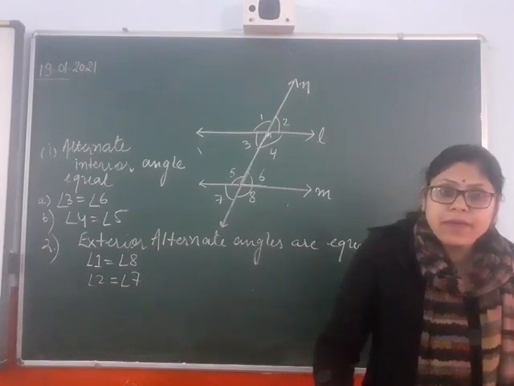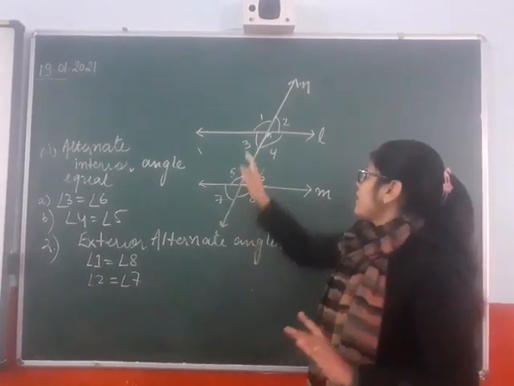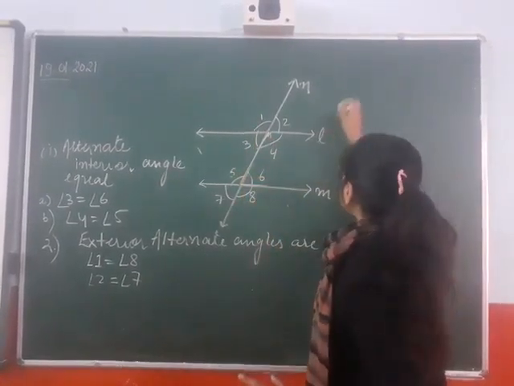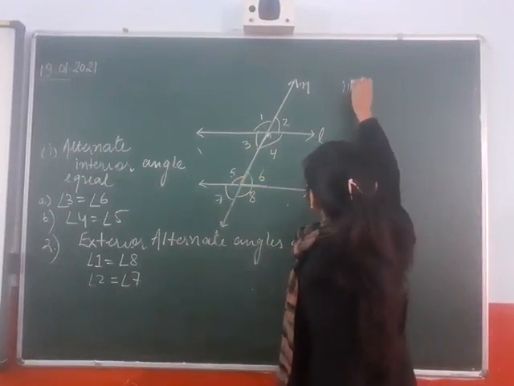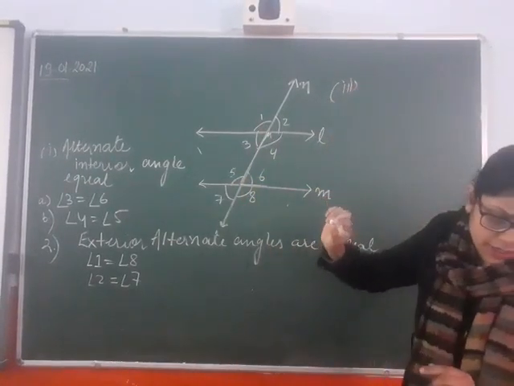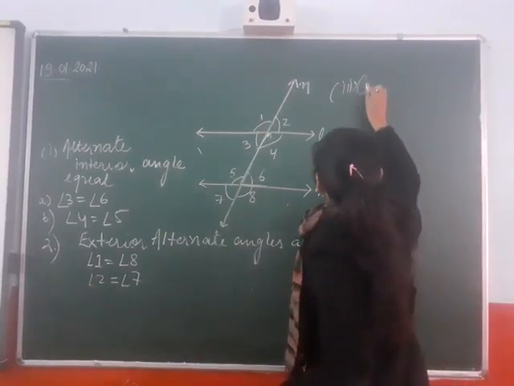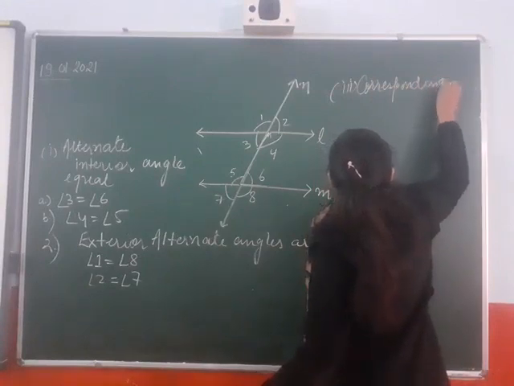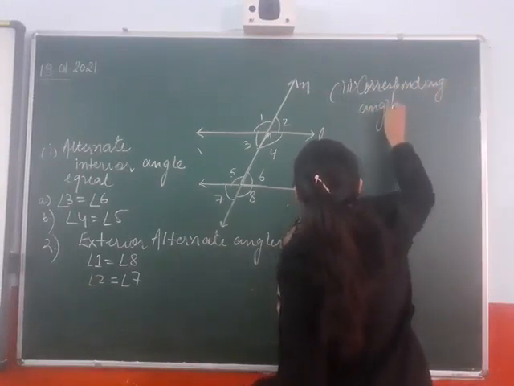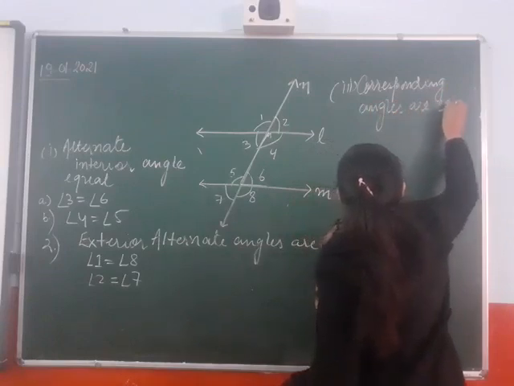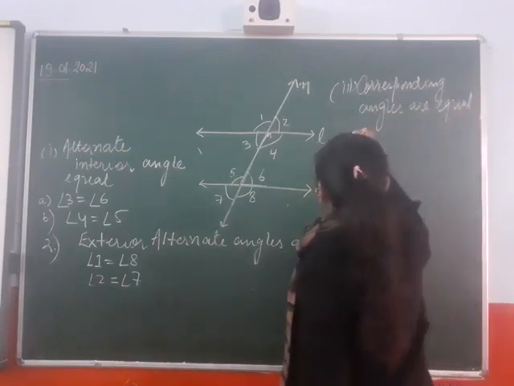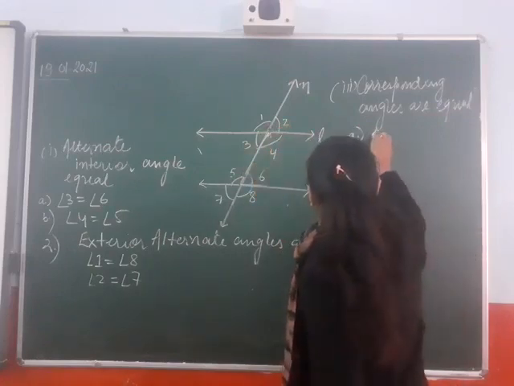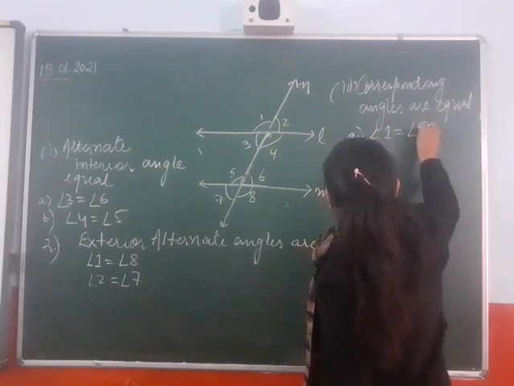One pair, the first pair, is angle 1 and angle 5. They are forming corresponding angles, so you will write here angle 1 will be equal to angle 5.